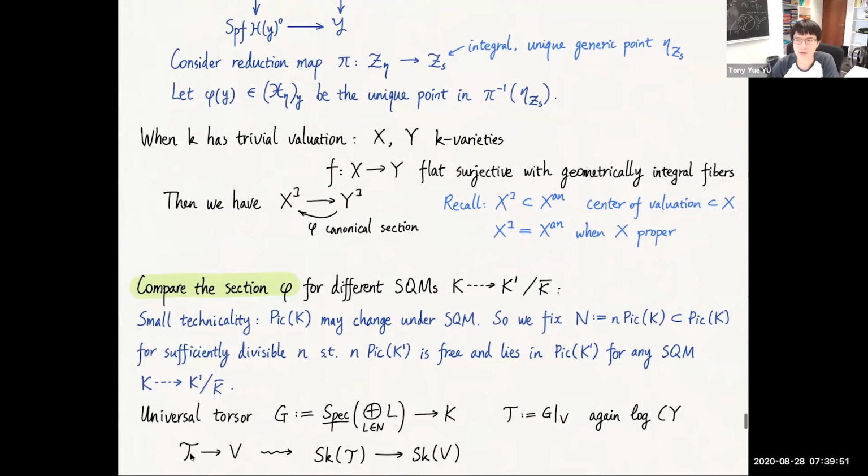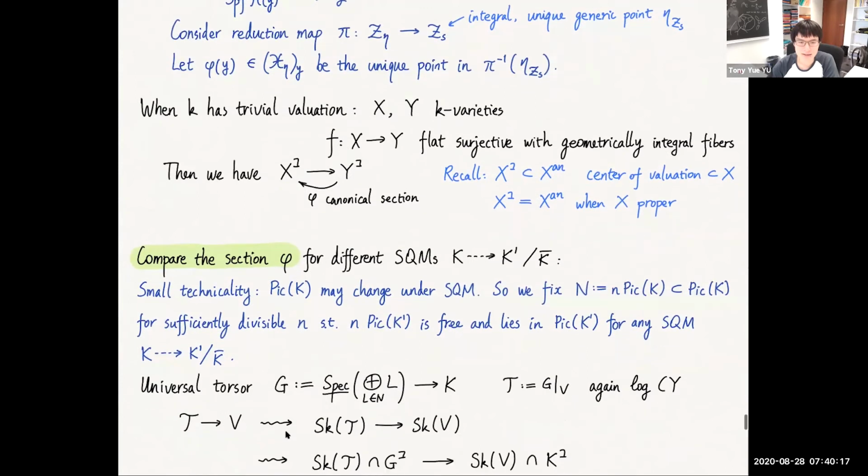So we have a principal torus bundle T to V. If we take the associated essential skeletons, we obtain an affine bundle from the essential skeleton of T to the essential skeleton of V. And in order to make use of our general construction, we intersect with these beth things, beth of G and beth of K, because of non-properness of G and K.